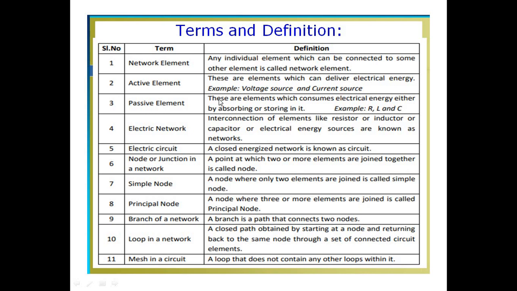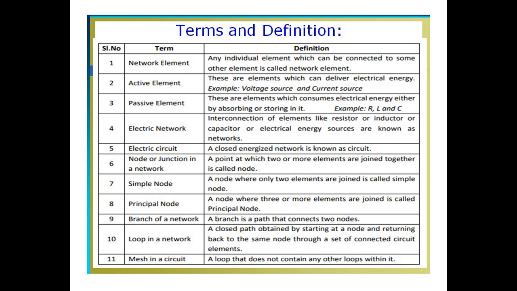The next terms and their definitions. Network element: any individual element which can be connected to some other element is called a network element. Active element: these are elements which can deliver electrical energy, for example voltage source and current source.